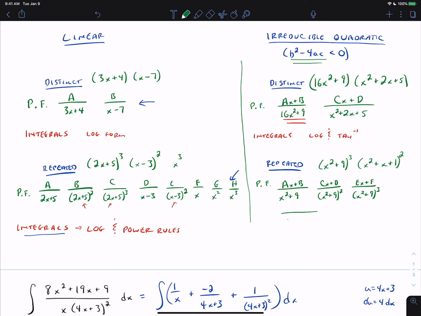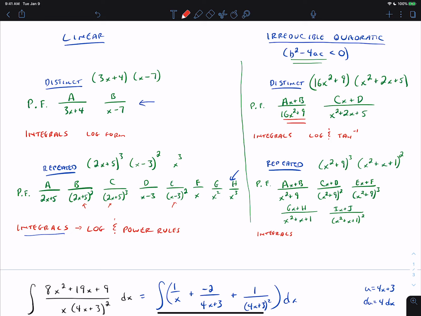For x squared plus x plus 1, that's also irreducible. When it's squared, we use the first power of the quadratic and the second power of the quadratic, and then we'll put gx plus h and ix plus j. The integrals of these are not going to be covered extensively in these videos, but typically we'll use trig substitution to solve most of those.